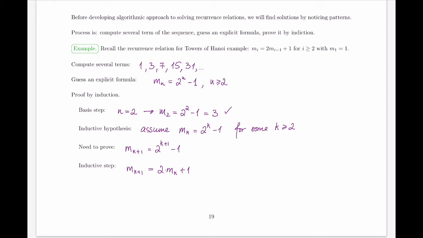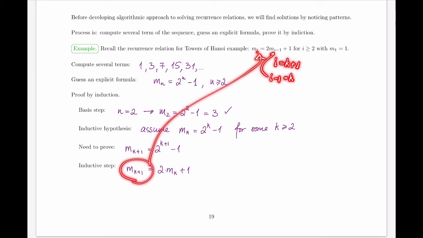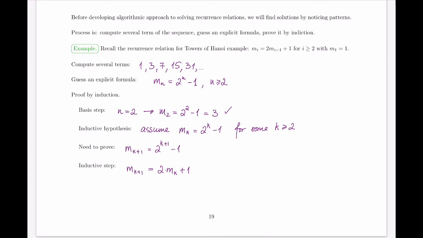So if you wish, this is like applying the recursion where i is equal to k plus 1 here, right? So that i minus 1 in this term is going to be equal to just k. And that's how I get my right-hand side here. So as usual, I'm going to annotate where I am getting these equations from. So this is by recursion.